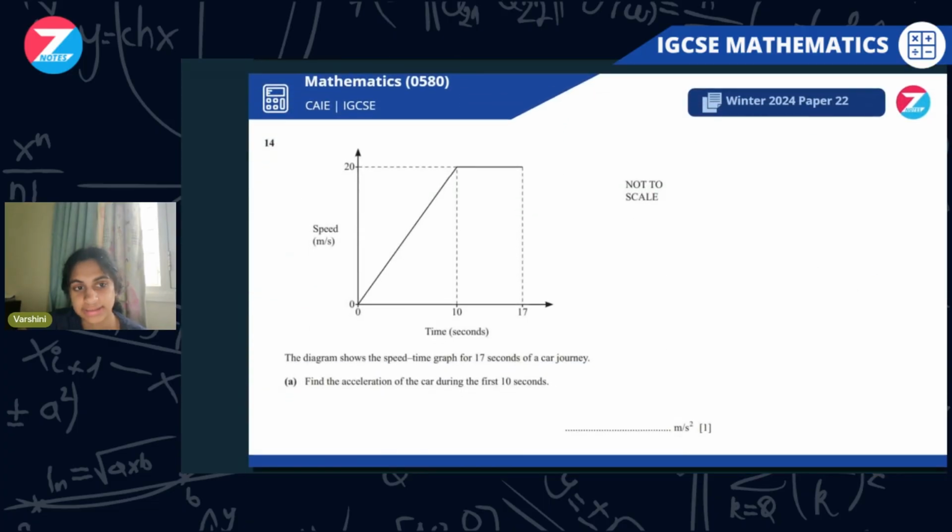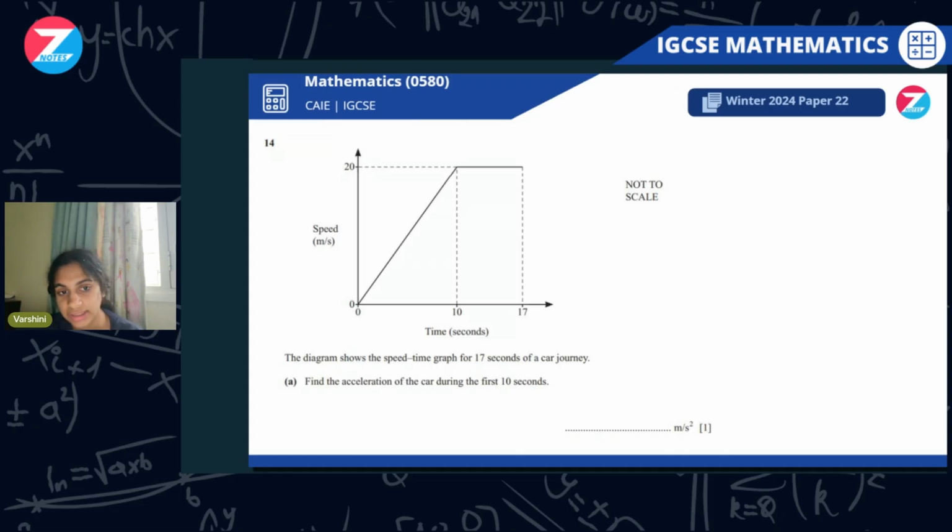Okay, to the next question. 14. The diagram shows the speed time graph for 17 seconds of a car journey. So on the y-axis here is speed, and on the x-axis is time. Find the acceleration of the car during the first 10 seconds. So we know for any speed time graph, the gradient is going to be acceleration.